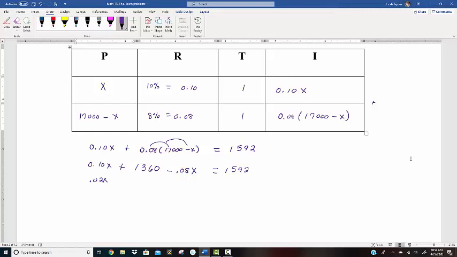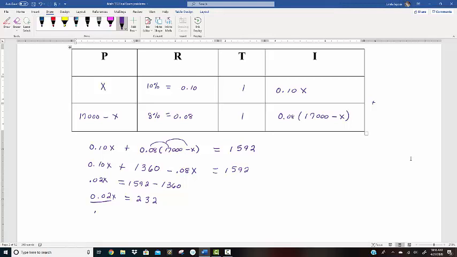So then I'm going to have equals 1592 minus 1360. So that's 0.02x is going to equal 232.